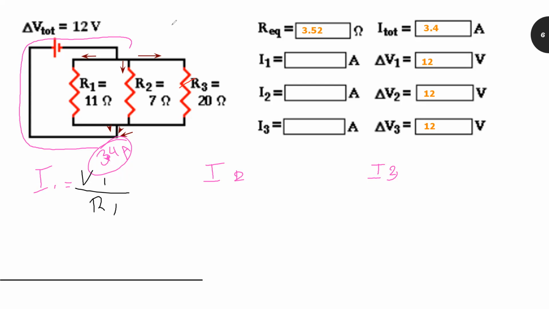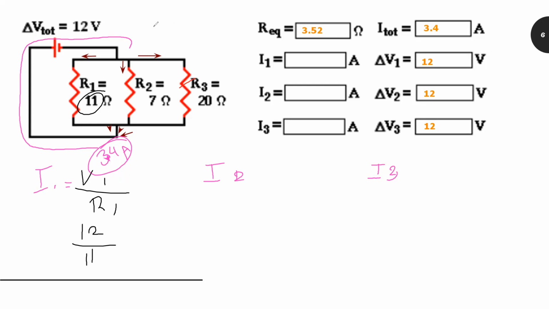Now where's V1? It's 12. 12 over R1, which is 11. So 12 over 11 is 1.09 or 1.1.